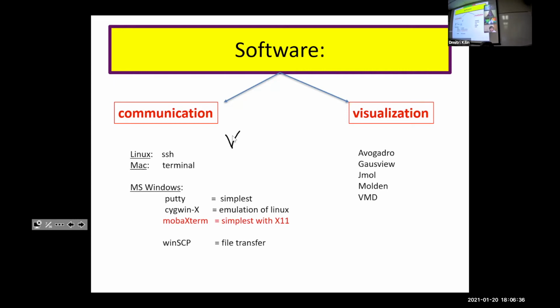We are going to focus on the so-called OBX term, but if you have Linux on your personal computer, there is just typically SSH command. If you use Mac, there is a terminal command. And there are several other options on the Microsoft Windows, but the one that we will practice enables graphical commands in addition to text.